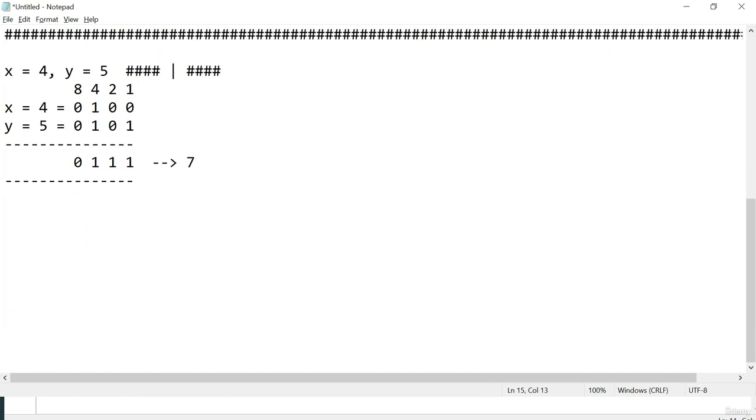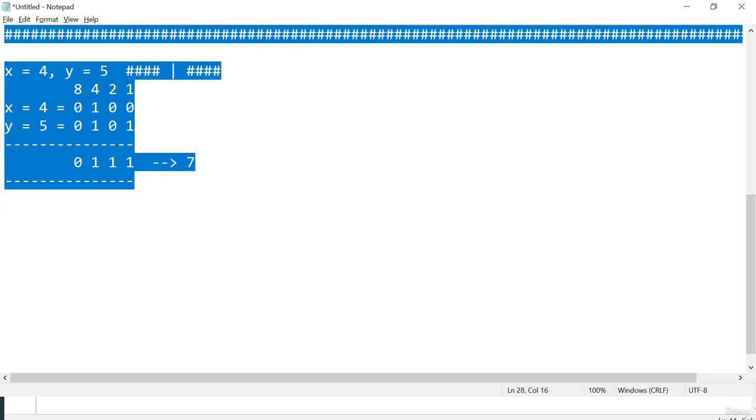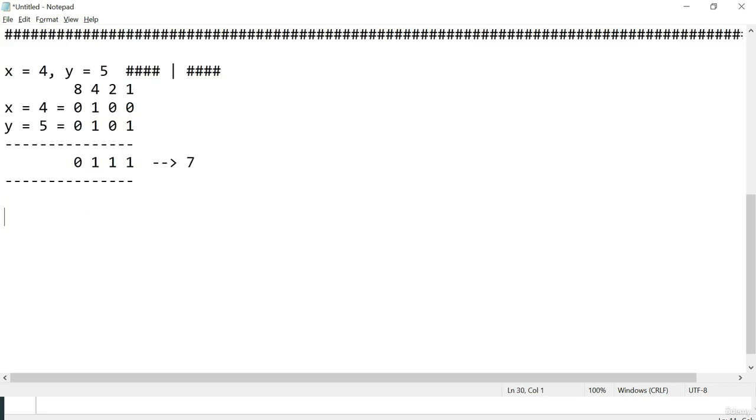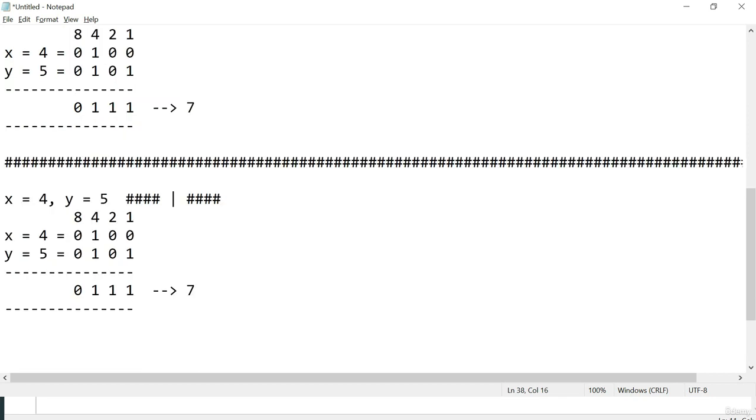The bitwise XOR operator we denote with the symbol called cap. With the cap symbol we can denote the XOR operator.